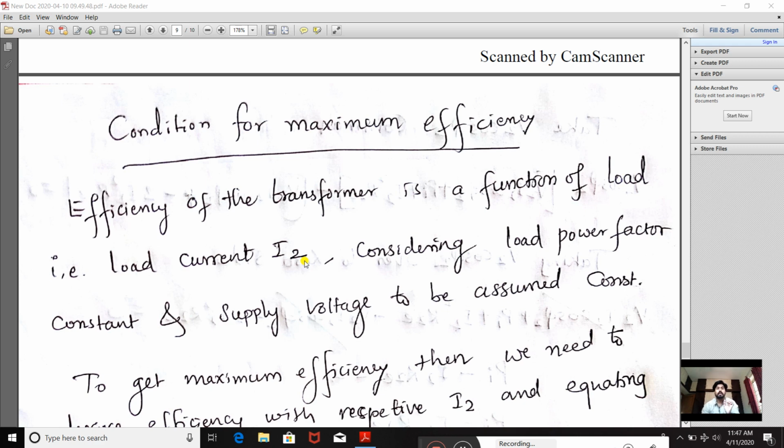If you consider the secondary voltage V2 constant and the power factor cos phi 2 also constant, then I2 is the only variable term. Hence the efficiency is a function of load current.